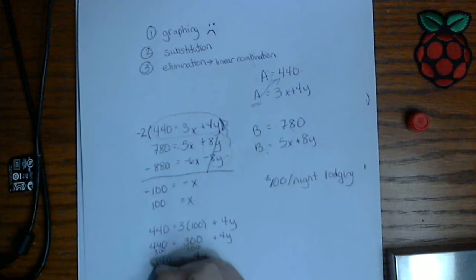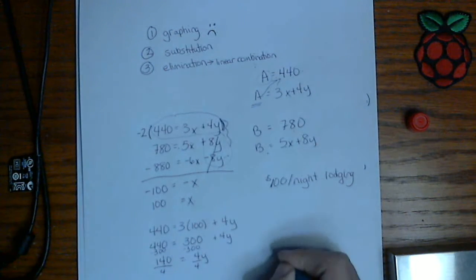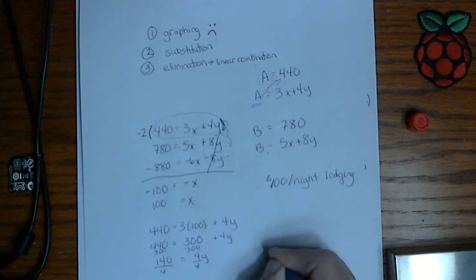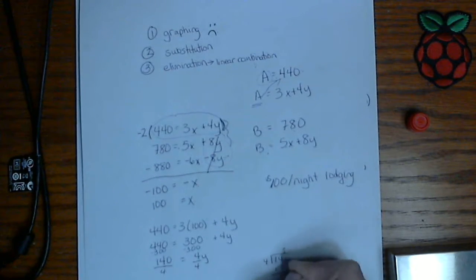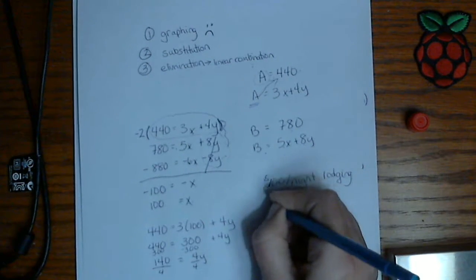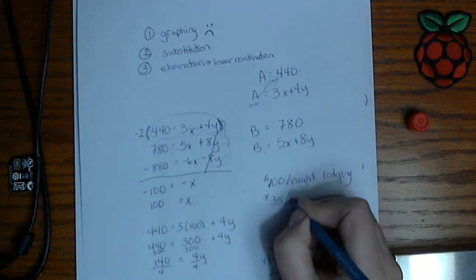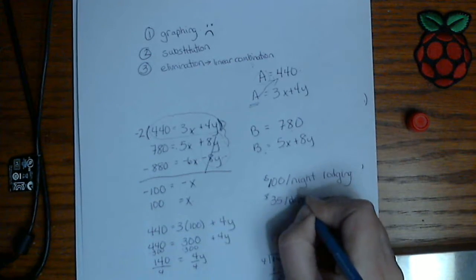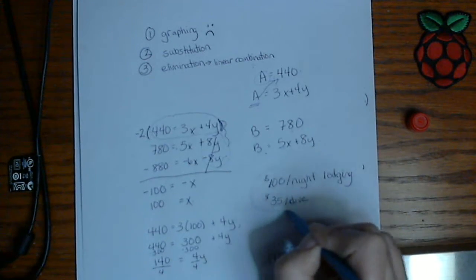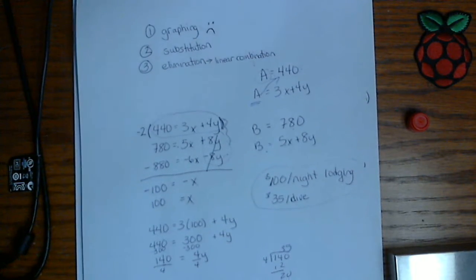And if I divide both sides by 4, y equals 140 divided by 4. Well, 140 divided by 4 is $35. So it's going to be $35 per night, or no, sorry, not per night, but this is per dive. And that is the new fee structure of the resort. All right?